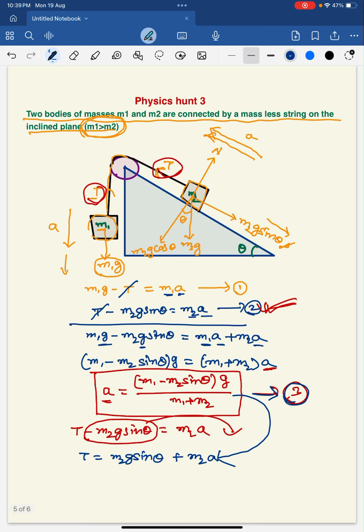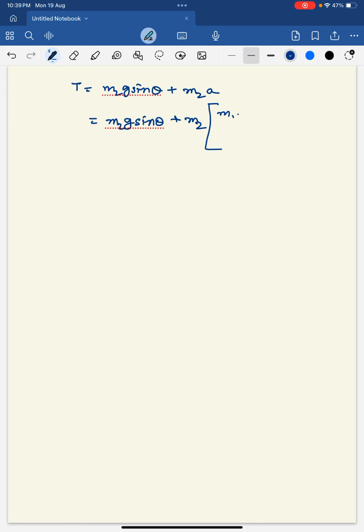Yes, so I'm going to write the same equation. T is equal to m2g sin theta plus m2a. So the acceleration equation we know, right? So I'm writing here m2g sin theta plus m2 into the acceleration, which is (m1 minus m2 sin theta) into g divided by (m1 plus m2).